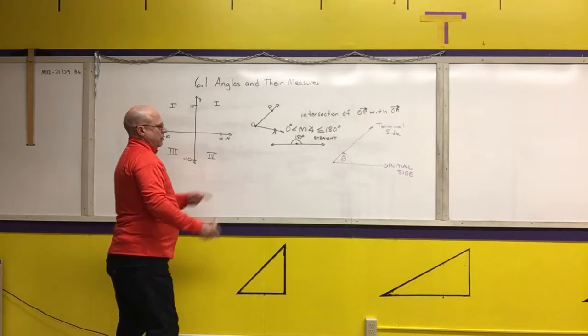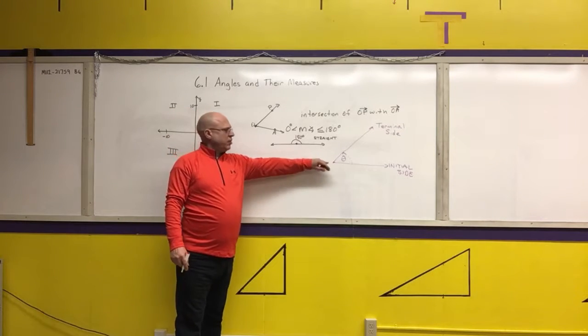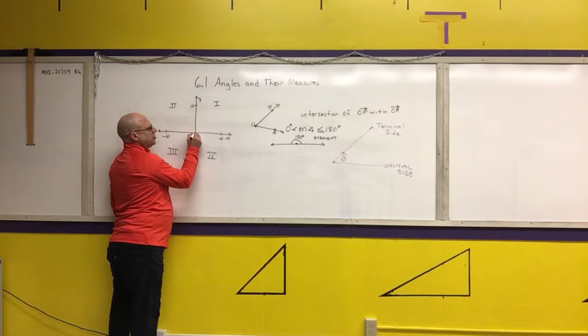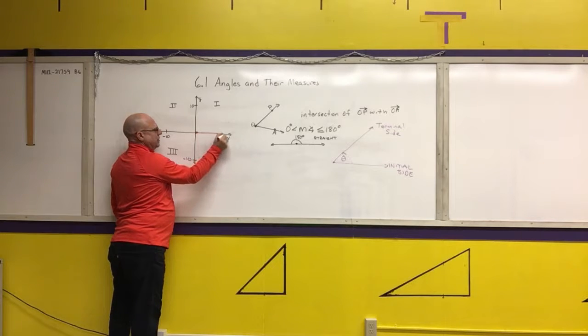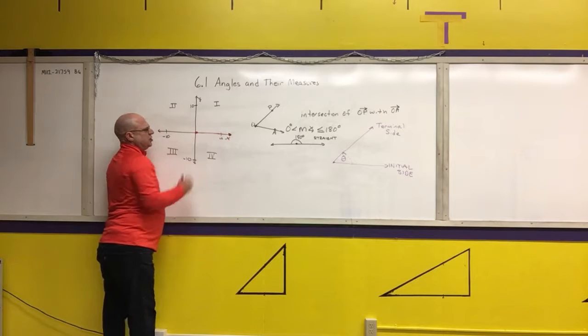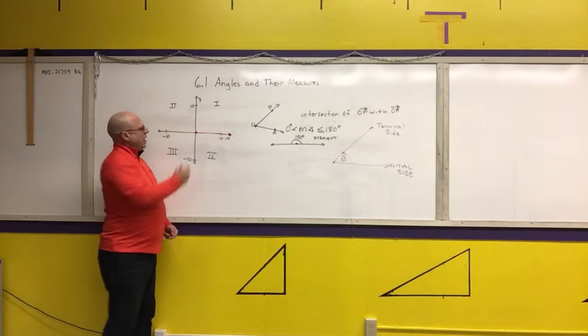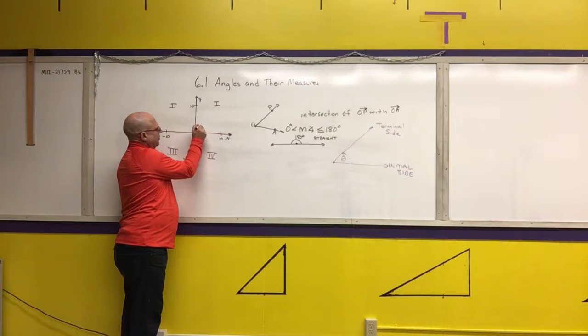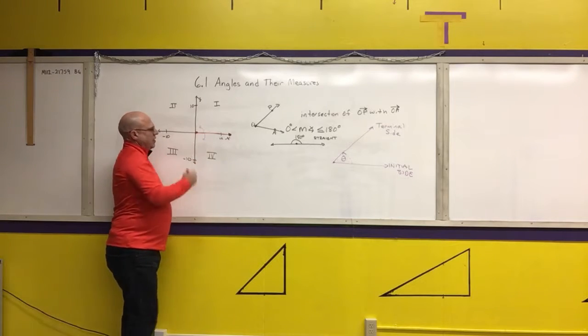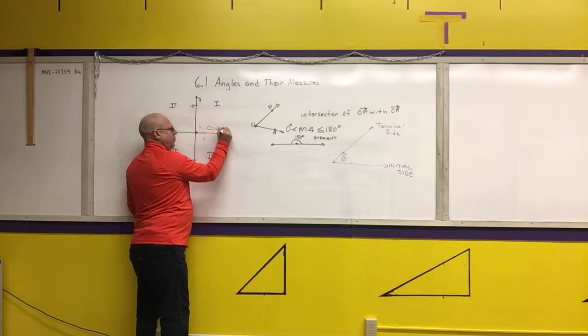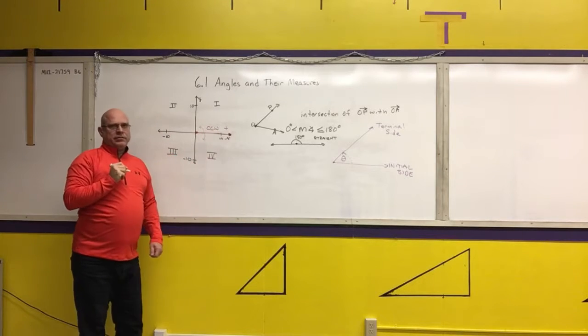An angle is in standard position if its initial side lies along the positive x-axis. So any angle is in standard position if its initial side is on the positive x-axis. And I can rotate in either direction. If I rotate counterclockwise, I'm going to go positive.